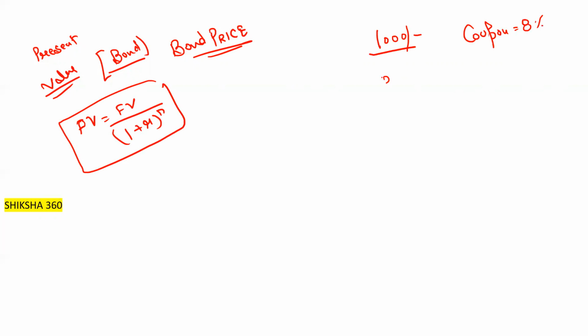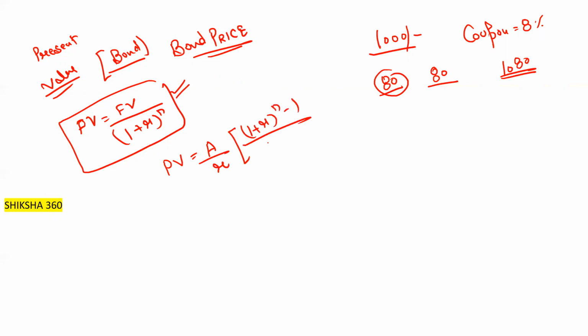So every year we will get 80 rupees: first year 80 rupees, second year 80 rupees, third year 1080 rupees. Now how can we calculate the future value of this? We can use this formula, and also the present value formula in the case of an ordinary annuity: 1 upon r into (1 plus r) power n minus 1 upon (1 plus r).